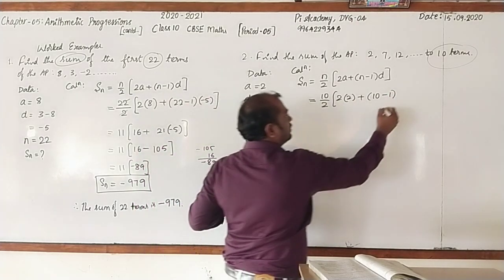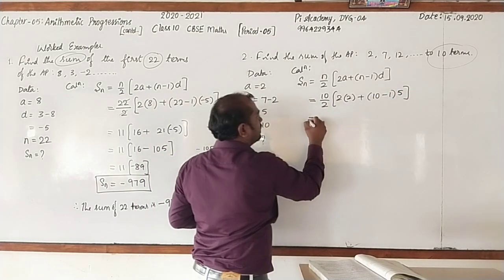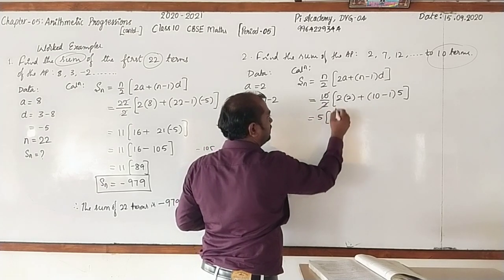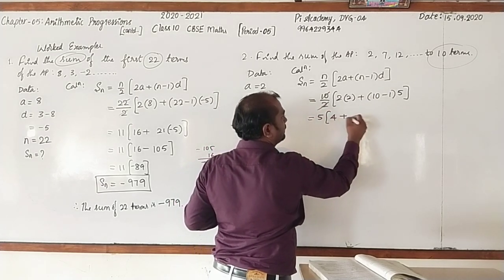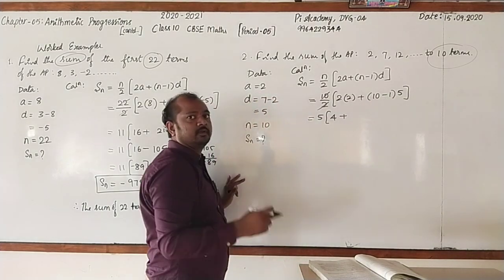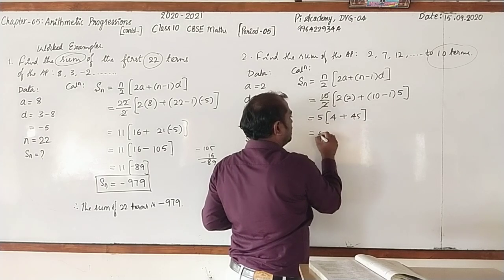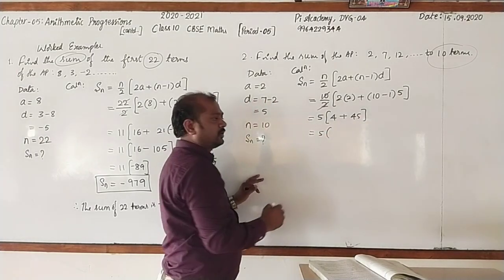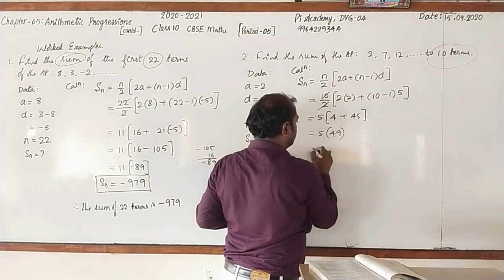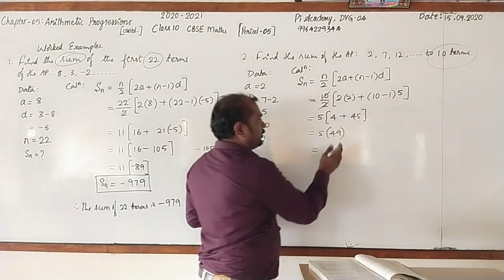Common difference is 5. It is equal to 5 into (2 2s are 4 plus, what is 10 minus 1? 9. 9 5s are 45). I have written it directly. 5 into 45 plus 4. This is 49.